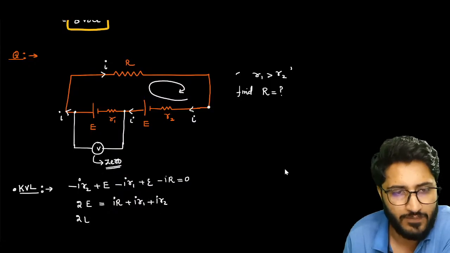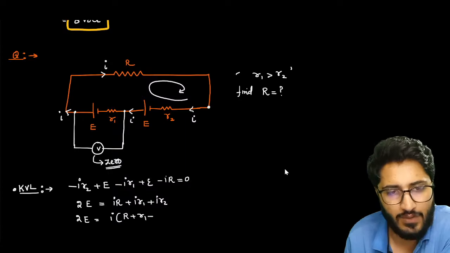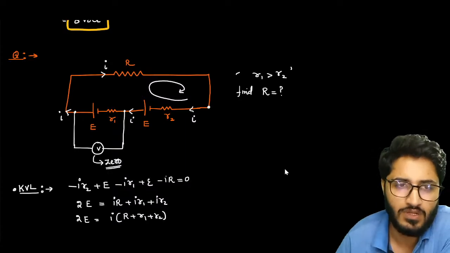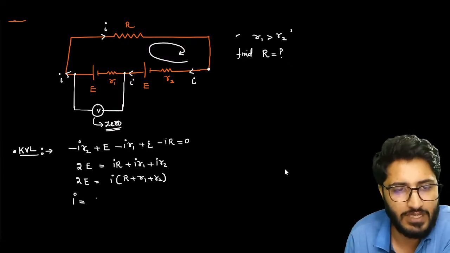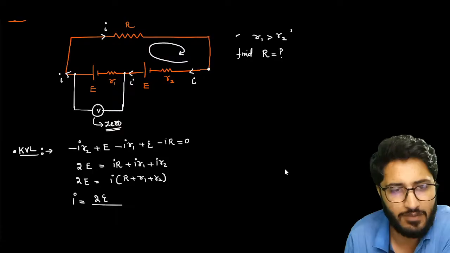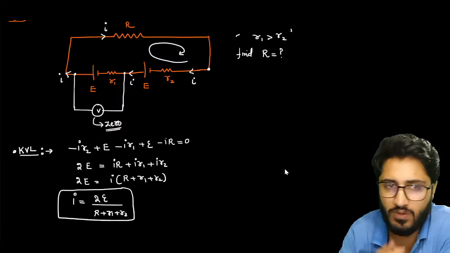I will take I common, then we have R plus R1 plus R2. So what I will write here now? I came out to be 2 times E divided by R plus R1 plus R2. One equation of current from the above circuit.